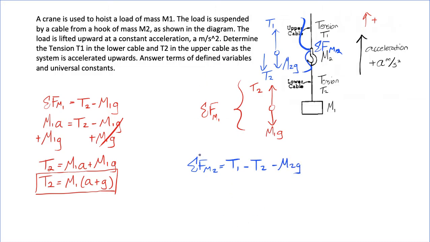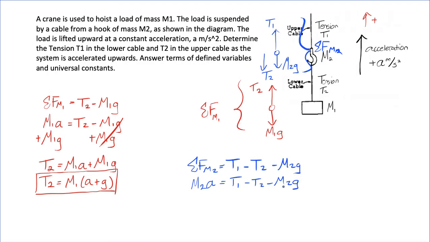Now, as usual, the net force, by Newton's second law, can be substituted with mass times acceleration, specifically M2A. M2A equals T1 minus T2 minus M2G.